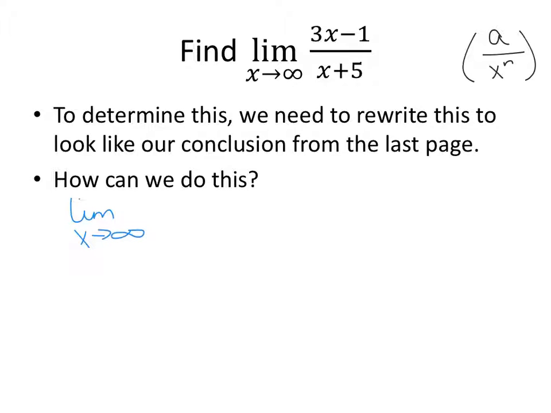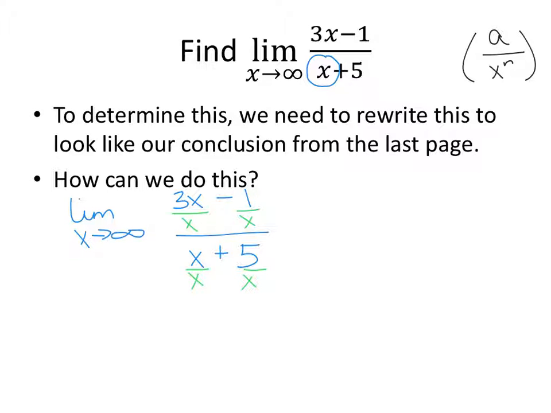So I'm going to divide every term by the highest power of the variable in the denominator. So in this case, my variable in the denominator is x to the first. So I'm going to divide every single term. There's my numerator. Here's my denominator. And I'm doing the same thing to every term, so it's legal. I'm dividing every term by x.